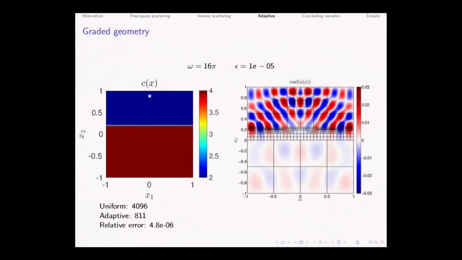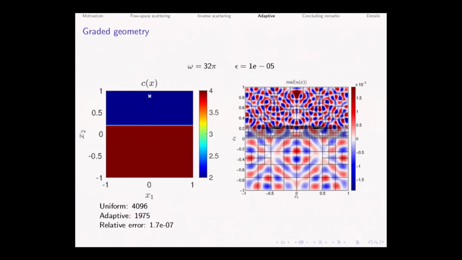So this is a plot of the velocity field, and we have a source term right here. This is the plot of the adaptive mesh. And you can see that it's picking out the change in the wave speed. And we're getting the accuracy that we're asking for, and it only requires 800 boxes.